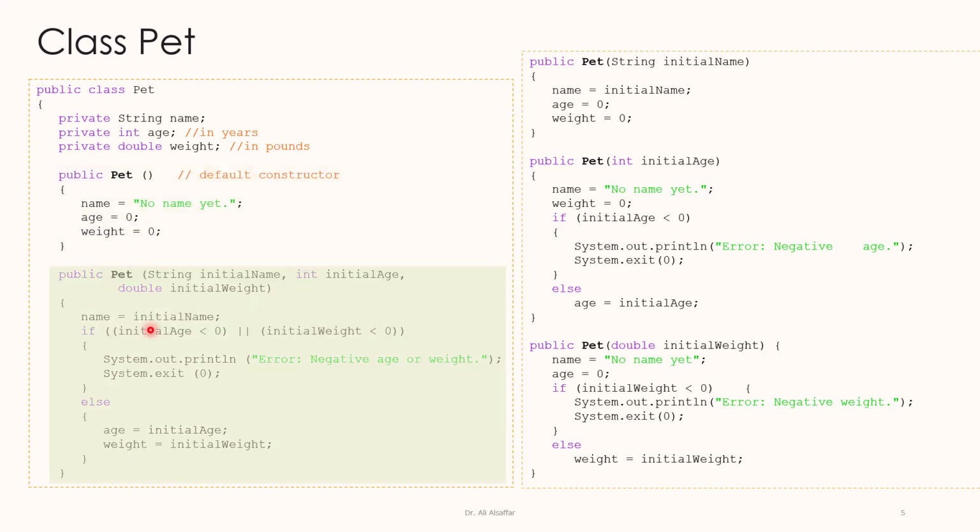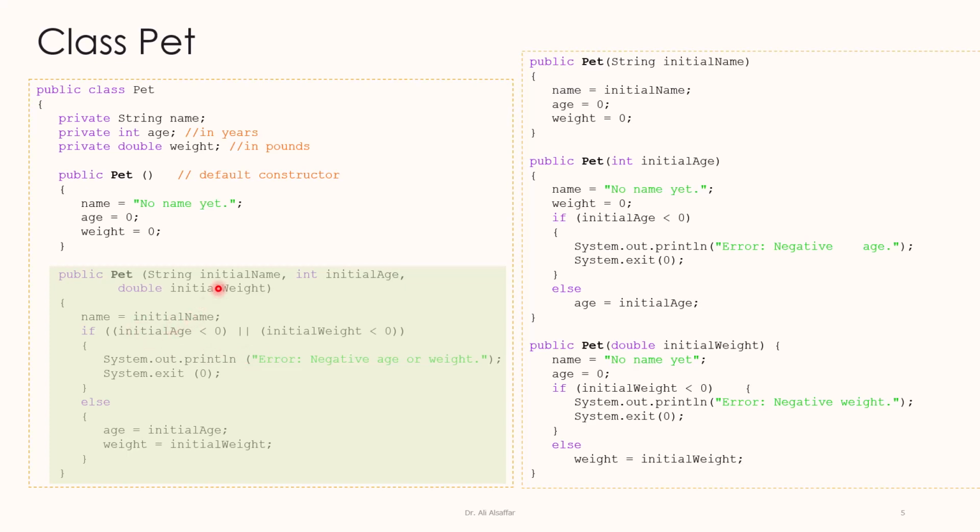Now for the second constructor, it has three input parameters. It has the name of the pet, the age of the pet, and the weight of the pet. So when you want to create an object and you already know the name of the pet and age and weight, then you can use this constructor to create the object for this pet. What does it do?